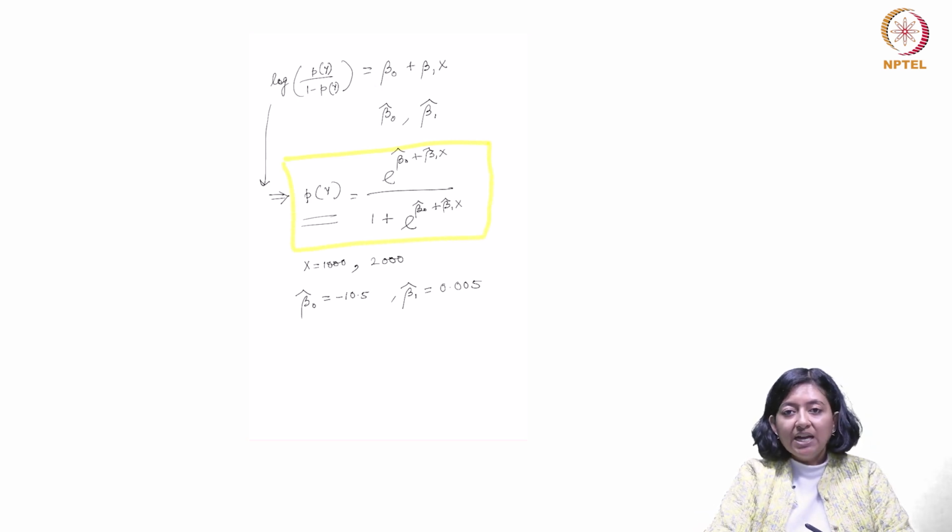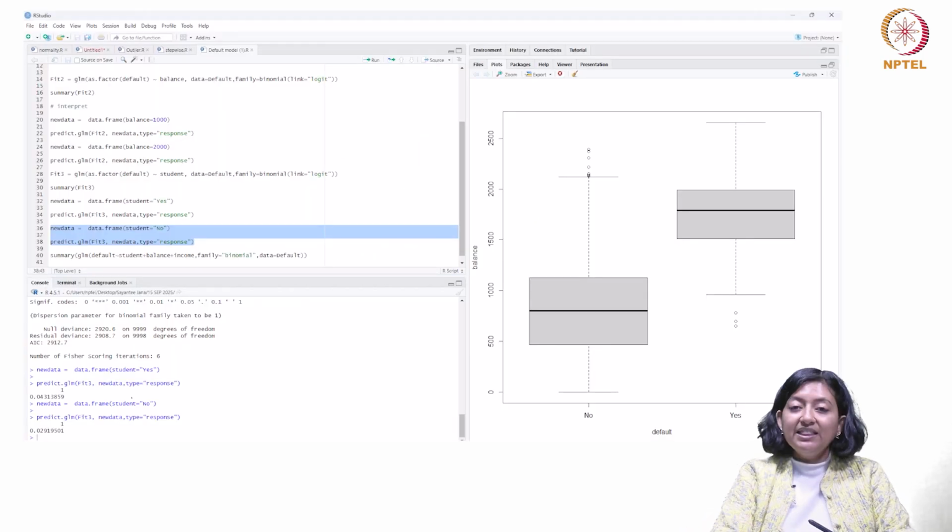Just that we have calculated the default rate for students by inserting x equal to 1, the corresponding beta naught and beta 1 value from fit 3, and for calculating the default rate for non-students, we have changed the x value to 0. And that is how we calculated the default rate for students versus non-students.